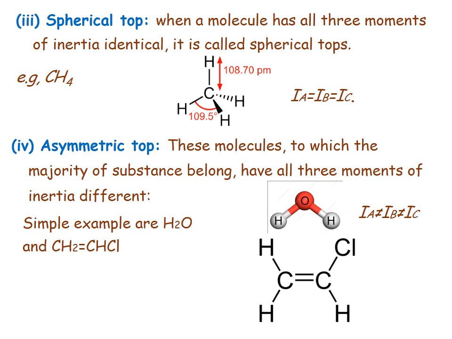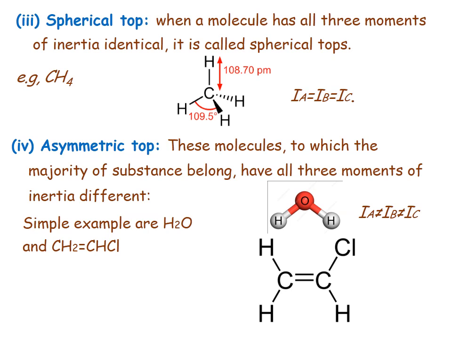Here all the moments of inertia are identical, thereby it cannot have a permanent dipole moment. So rotation alone cannot produce a dipole moment. So in this type of molecule, we cannot get a rotational spectrum.